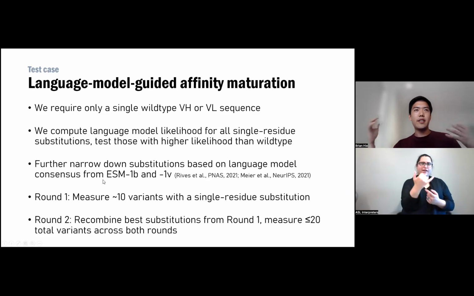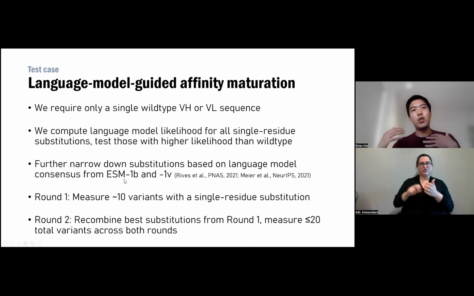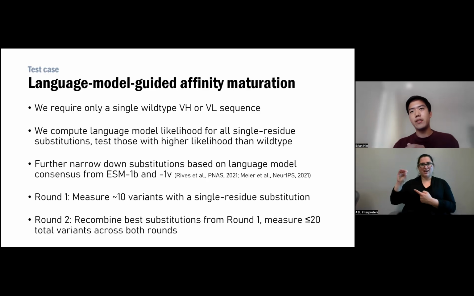To further narrow the substitutions for testing, we use this consensus scheme. There are multiple language models that we're considering. ESM1B, which is trained on UniRef50, which is UniProt downsampled to 50% sequence similarity. And ESM1V, which is trained on UniRef90, which is the same thing, but downsampled to 90% sequence similarity.